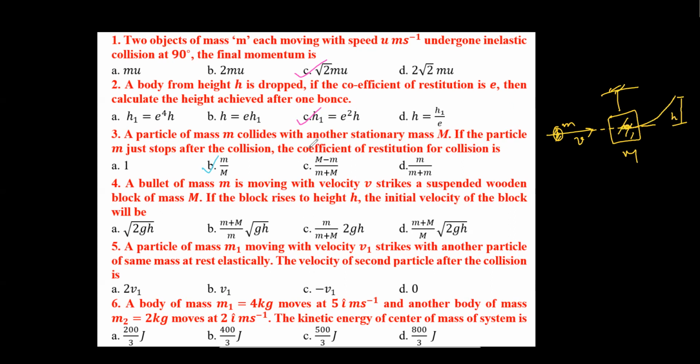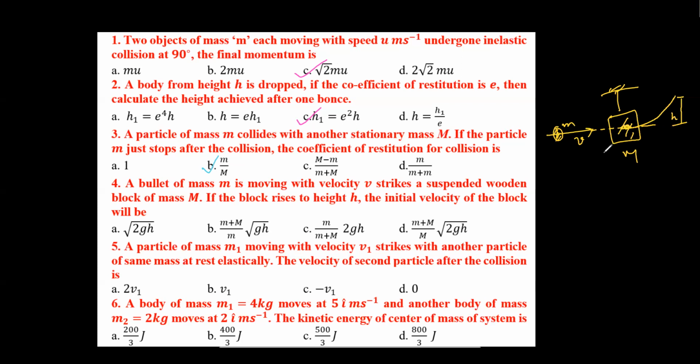So the bullet strikes the suspended block M, and the block rises through a height h. We have to get the initial velocity of the block. For this we can simply utilize the concept of conservation of energy.